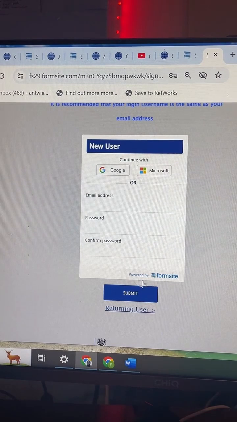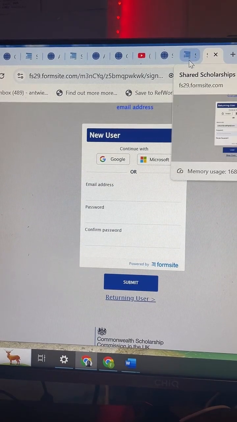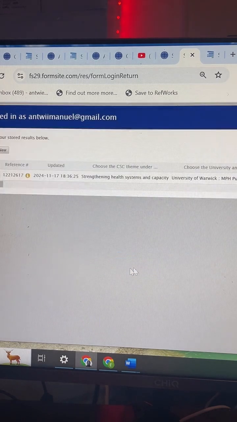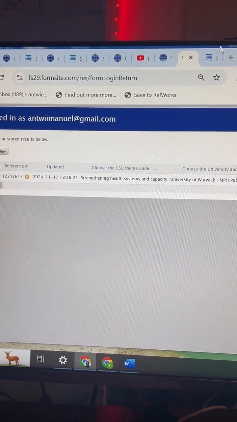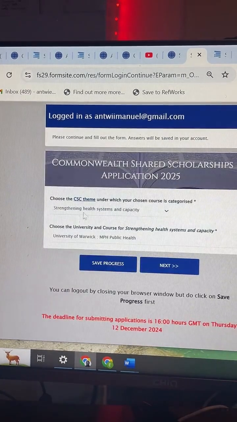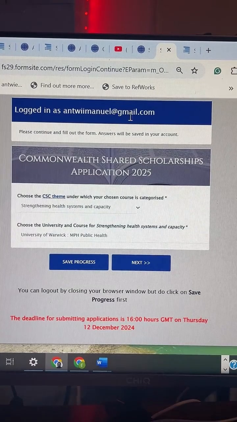So once you click on new user, it will ask you to fill in these details, and then you submit. Once you submit, your account will be created for you. Then you can go about your application. So let me open mine, and this is for study purposes, so I created this account so that we can use that to study.